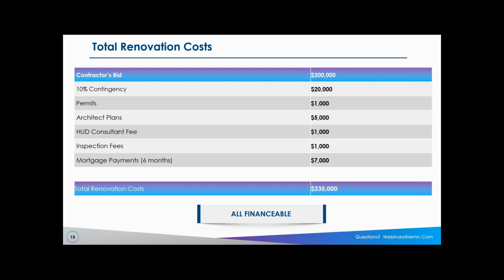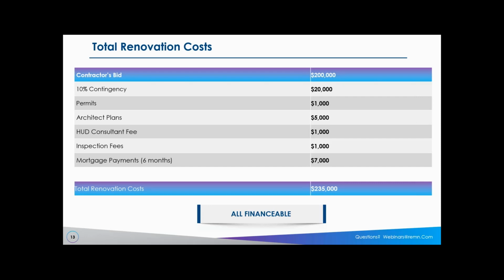And lastly, this is huge. If you are doing a full gut rehab and you can't live in the home, okay, we don't want you to make a mortgage payment on your new subject property and your rent payment where you're living currently. So we will allow the borrower to roll in up to 6 months of mortgage payments, right?